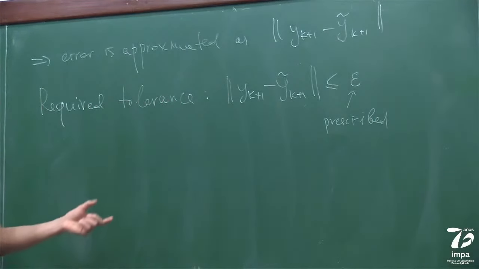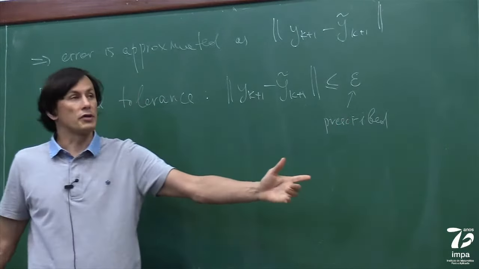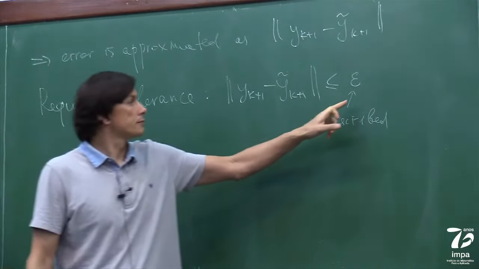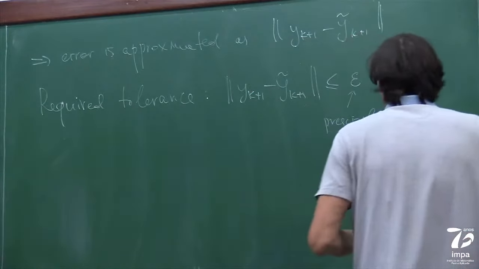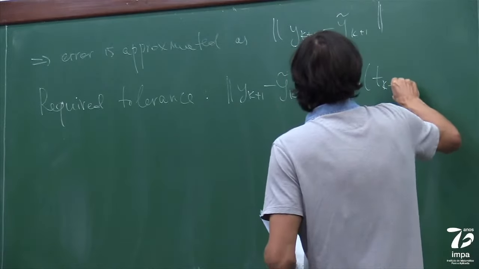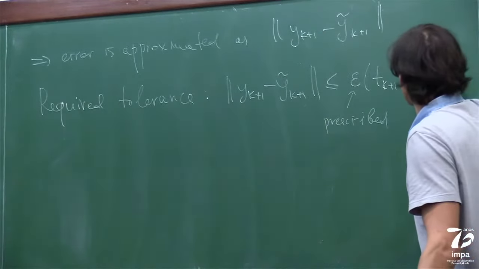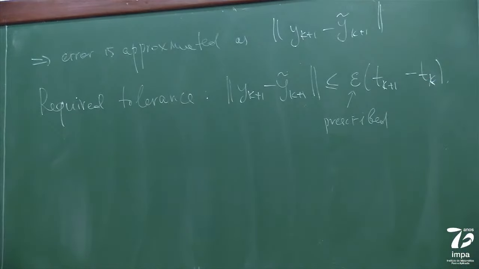But now you see this is the prescribed tolerance for the full computation. This is just one step. So in order to make it step independent, we multiply it by the step size. So then it becomes proportional to the step. So this is usually how you do it.